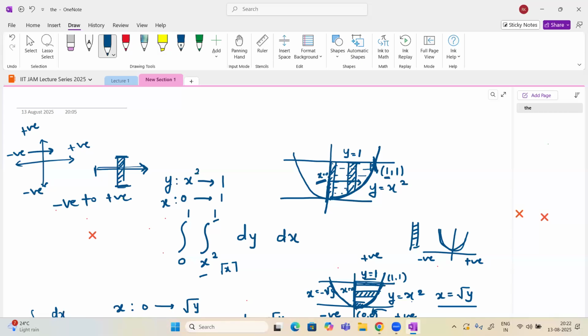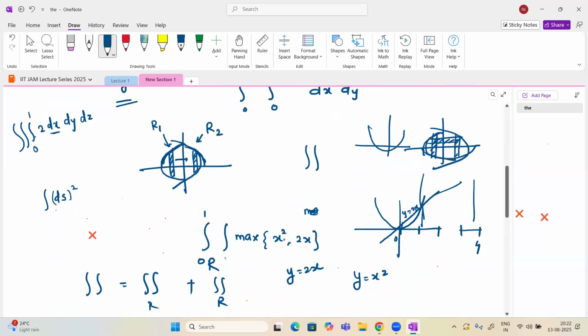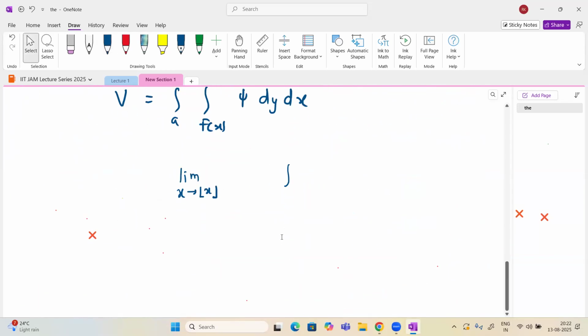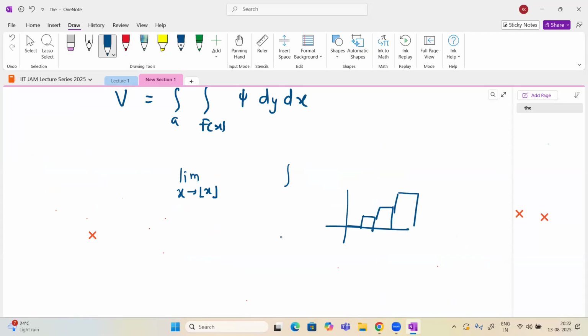Yes, sure. You want to say area. Yes, area or volume, we can do it. It is a discontinuous function. Getting the point? That means maybe you will have the region like this. So you need to split the integration. You will get the answer. No problem.